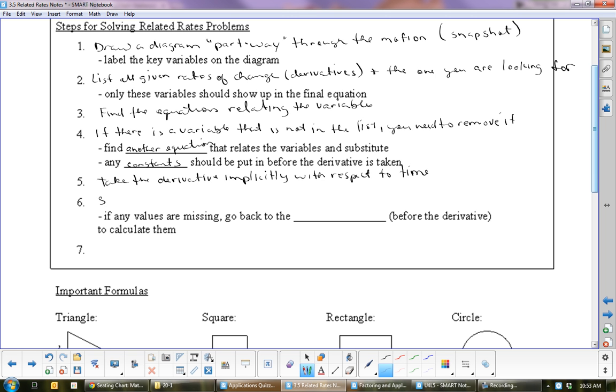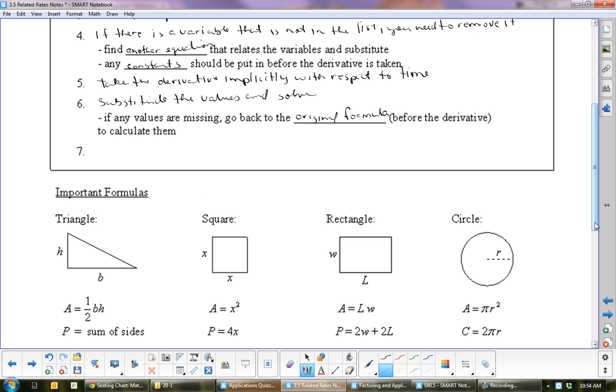6 is substitute the values and solve. Now, if there is any values missing, you might have to go back to the original formula before the derivative to calculate them. Okay, so you may have found the radius.